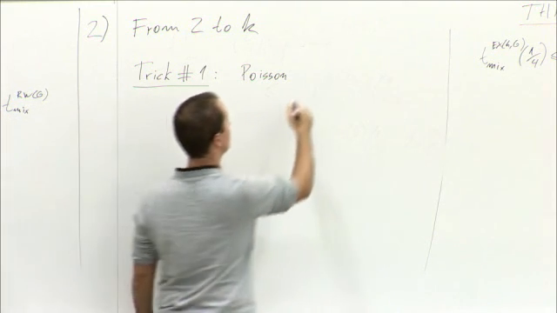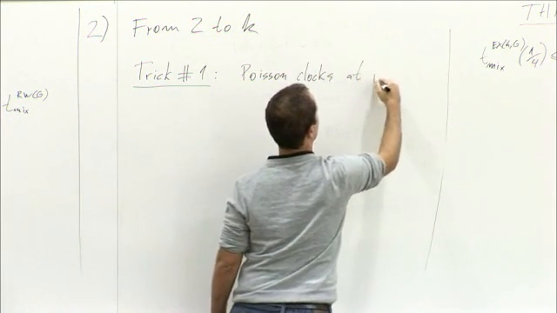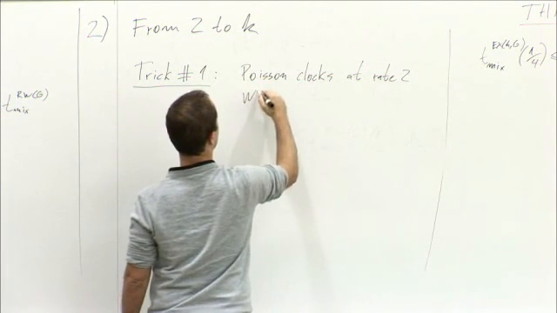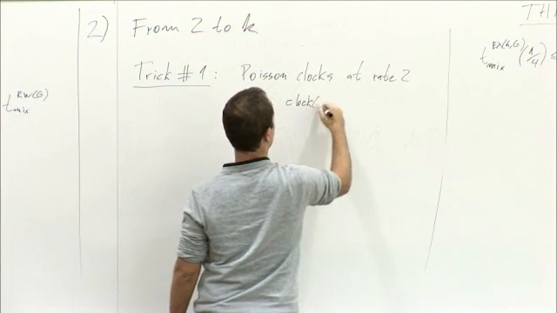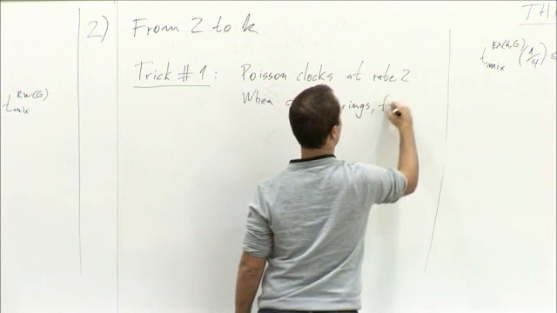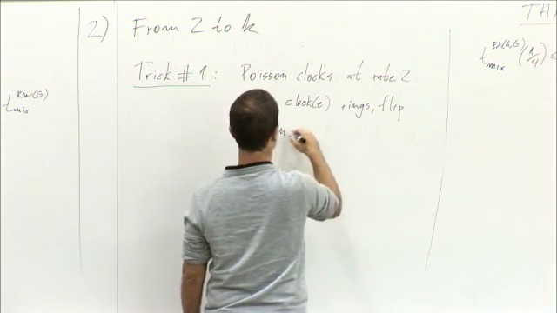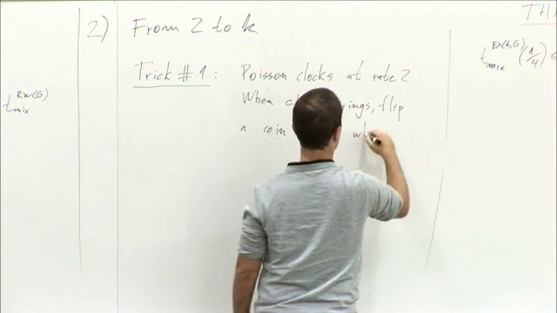Let's make the clocks ring at rate 2, and when the clock of edge E rings, you flip a coin to decide whether to use it.